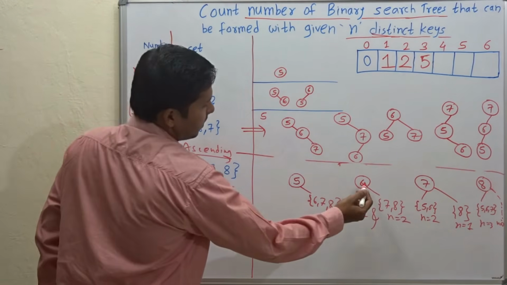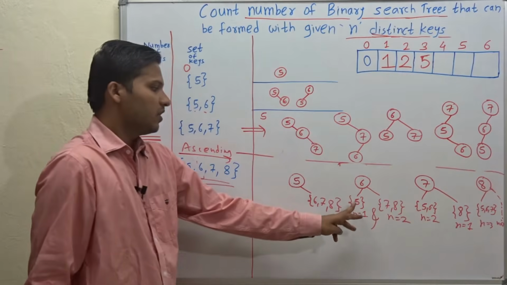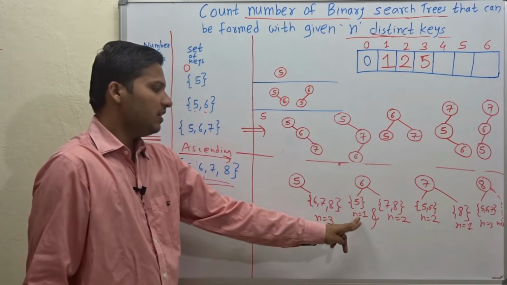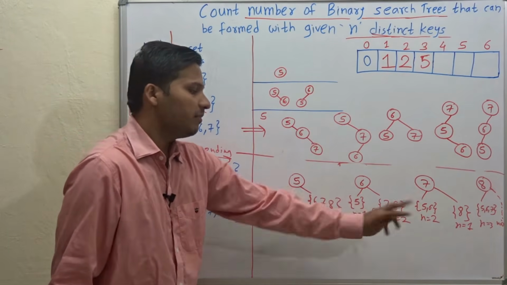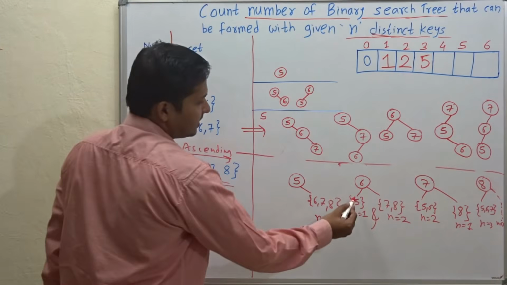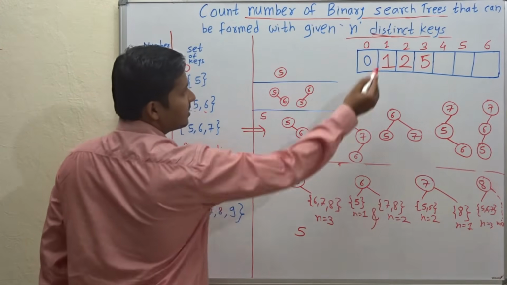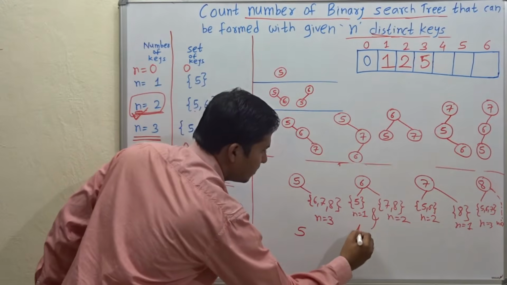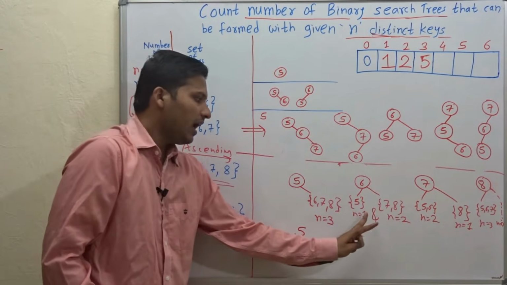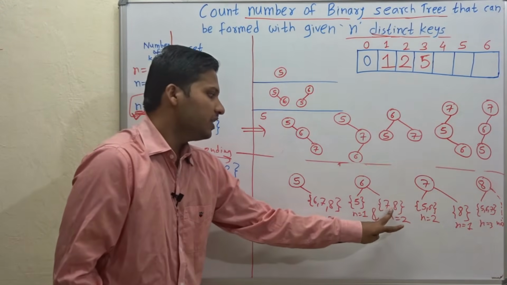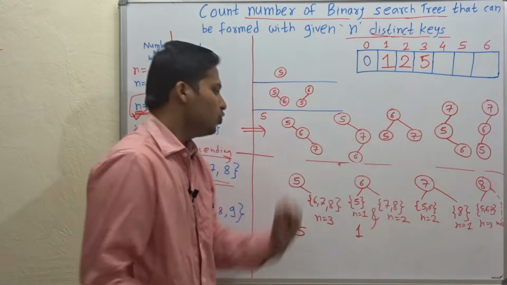Okay, now for 6 as the root, if one element is on the left side and two elements on the right side, for n equal to 1 there is only one possibility, right? And for n equal to 2 there are two possibilities.